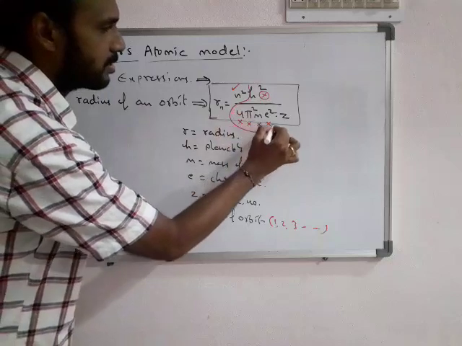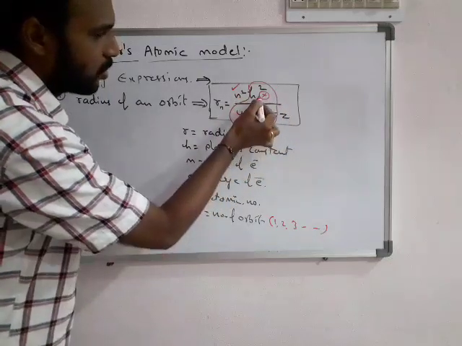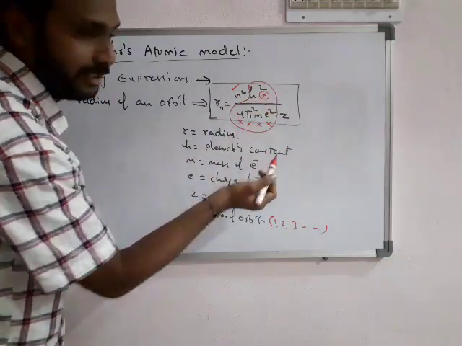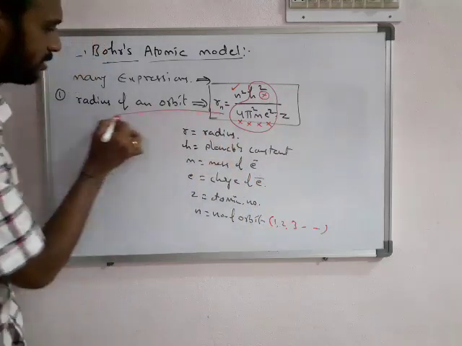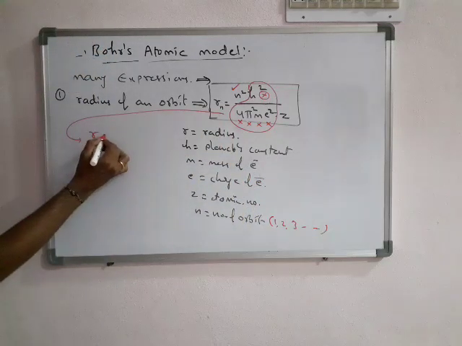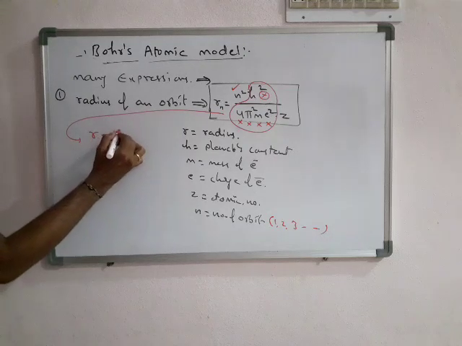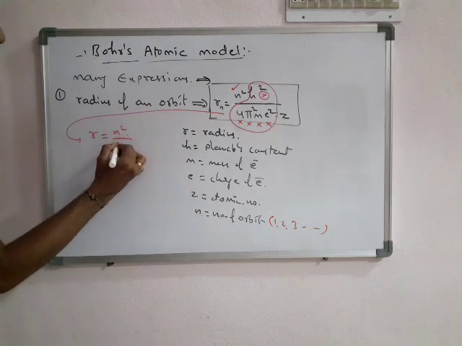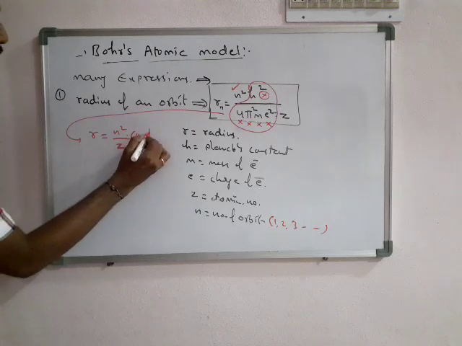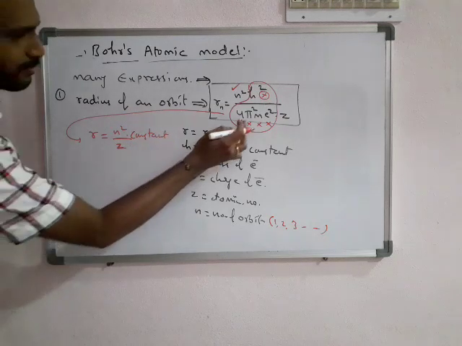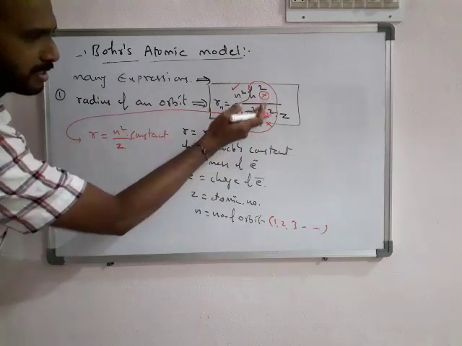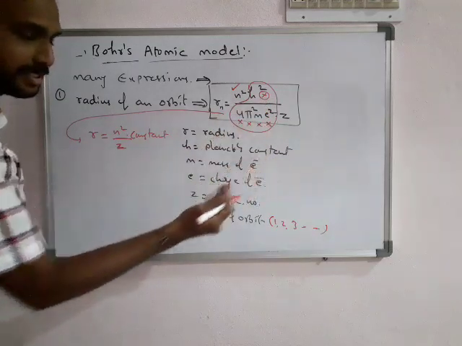These are all constants. Constant by constant into constant is a constant. So from this we can write radius equal to n square by z into just a constant. By substituting all these values we will get a constant.